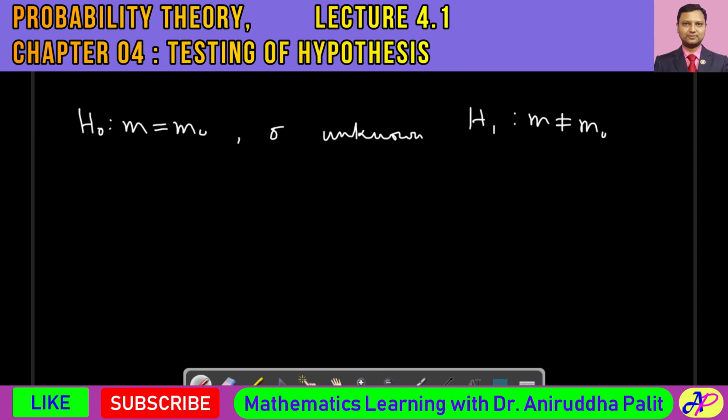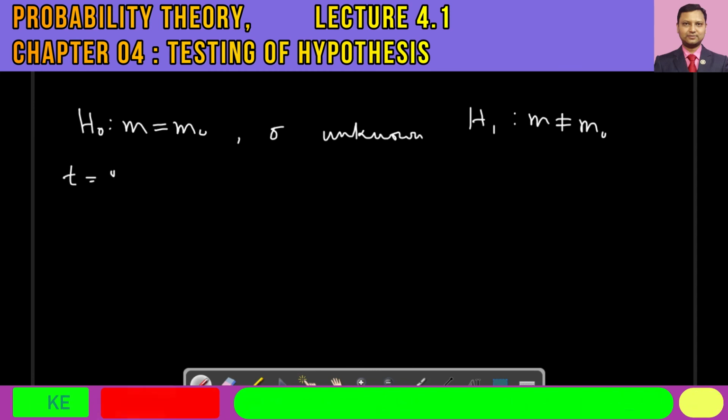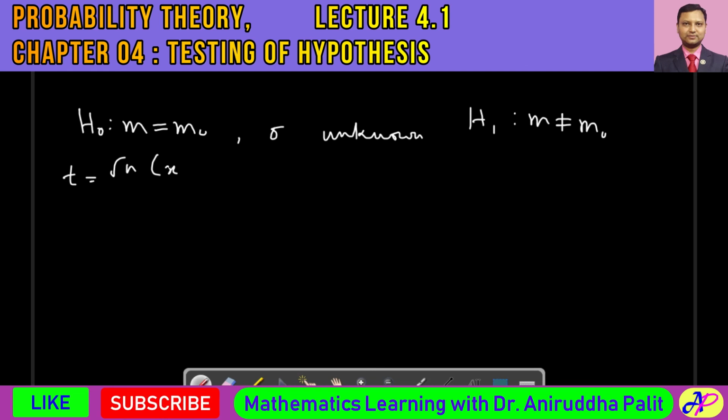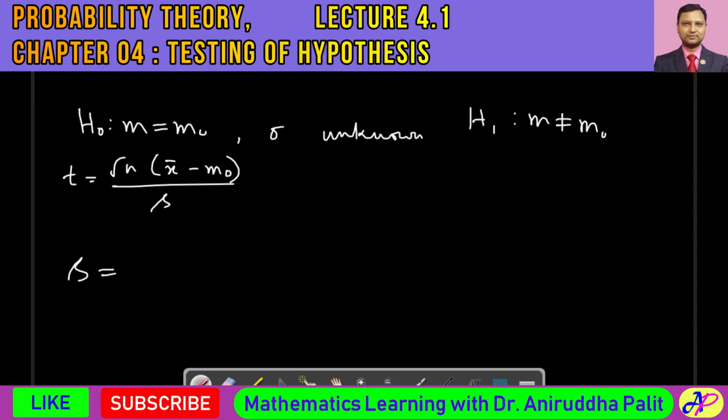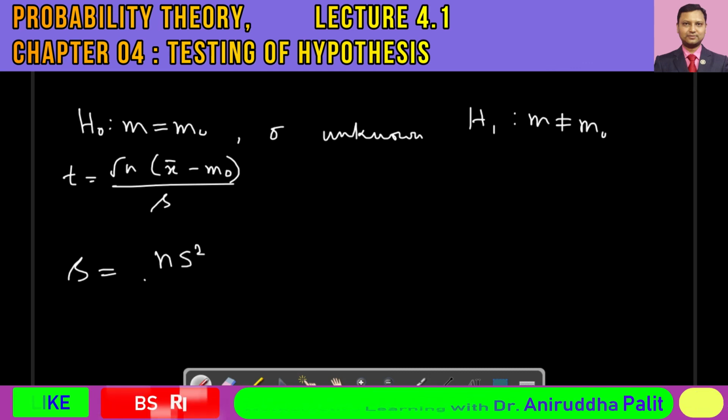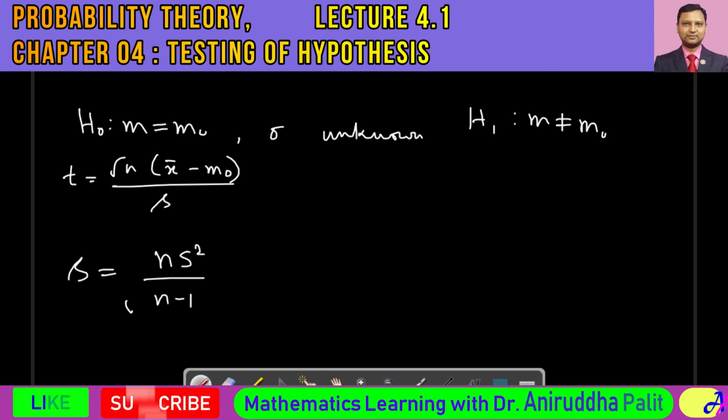In that case, the test statistic t would be equal to root n times x bar minus m0 divided by, not sigma, sorry, divided by small s, where small s is equal to the square root of n s square divided by n minus 1.